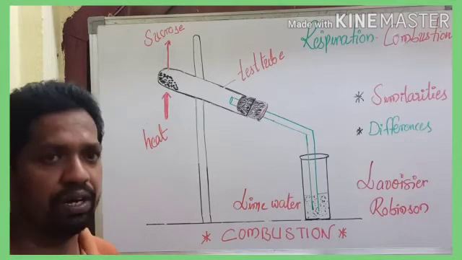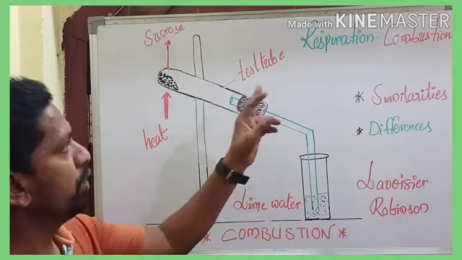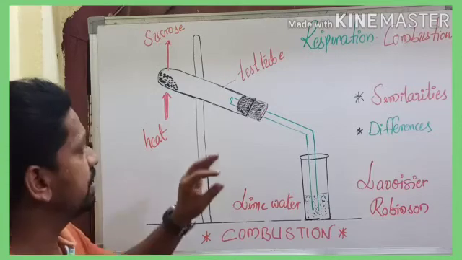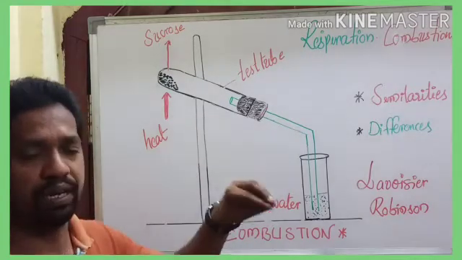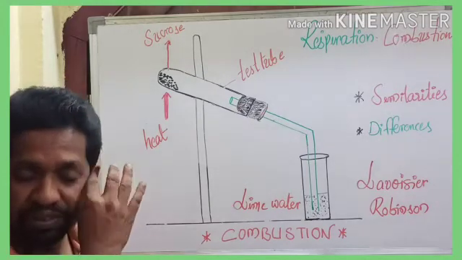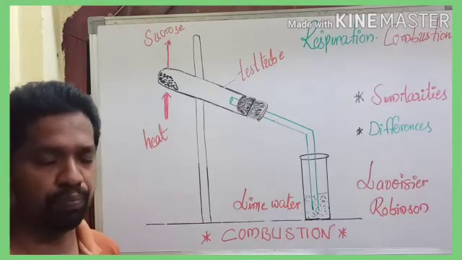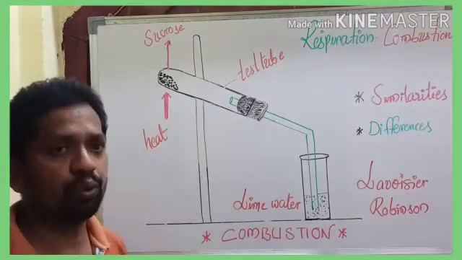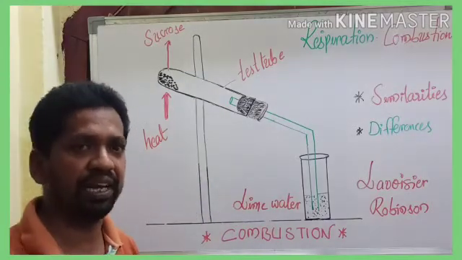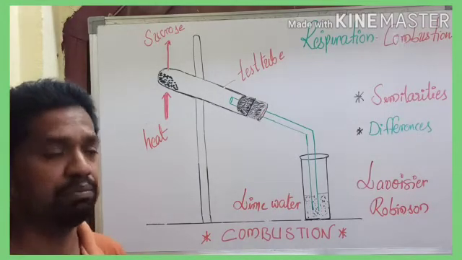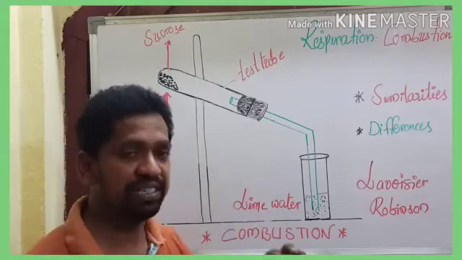The similarities are: in both processes we use organic material, in this experiment sucrose or sugar crystals. In both processes, energy is produced. Water molecules and CO2 are formed in both respiration and combustion. At the same time, they have some differences also.